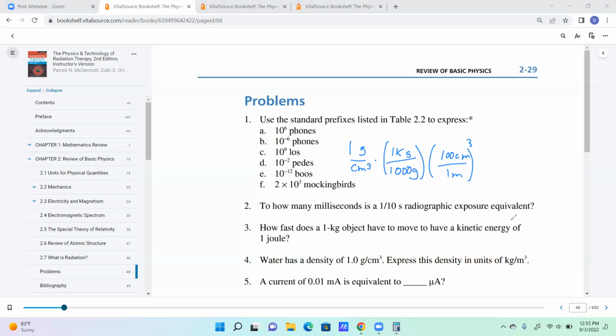Once I do that, then I'll end up with the proper units down here. So the gram cancels with this. So what am I left with? I'm left with 100 cubed. So that's 100 times 100 times 100.